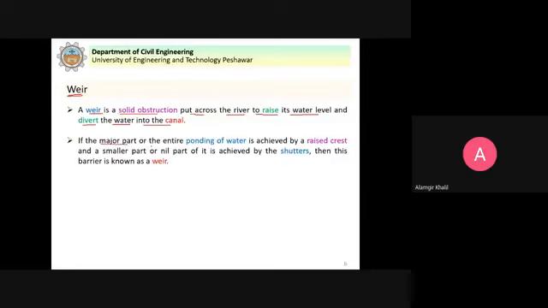If the major part or the entire ponding of water, because we create this ponding of water on the upstream side of the weir, is achieved by a raised crest, meaning the crest of the weir, and a smaller part or none of it is achieved by the shutters, then this barrier is known as a weir.